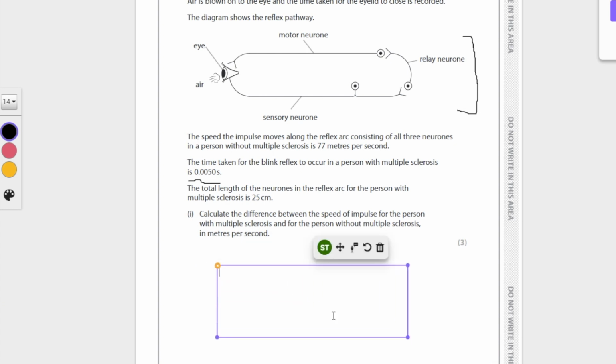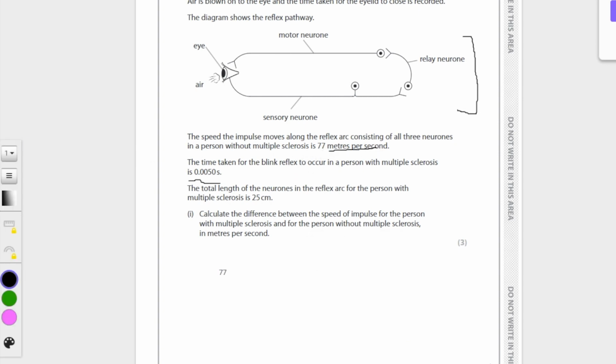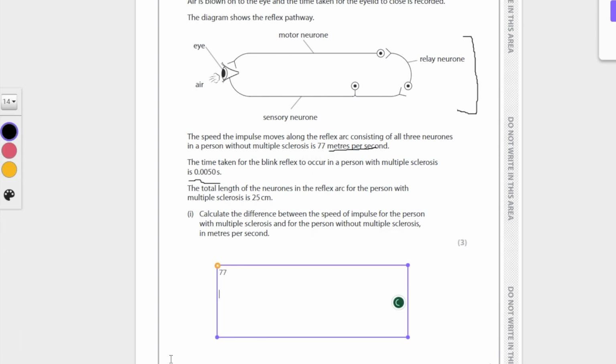So we know that the speed for the person without multiple sclerosis is 77 meters per second, and then we need to get the speed for the person with multiple sclerosis. We're going to convert this one to meters per second as well. We already have the time in seconds. So speed equals distance over time, and we need our distance in meters.